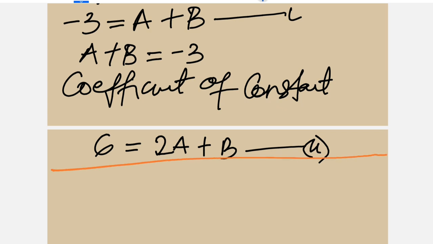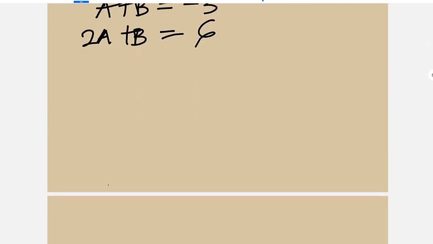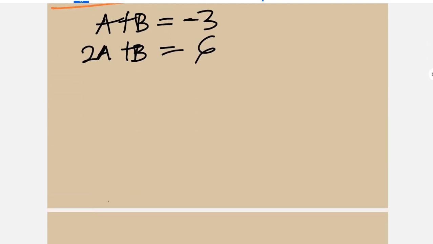So now, combining equation 1 together, we have a plus b is equal to minus 3. So this one is 2a plus b is equal to 6. So this is exactly what we need now.